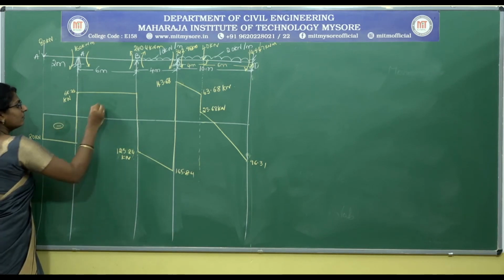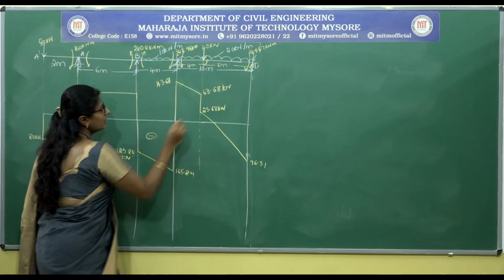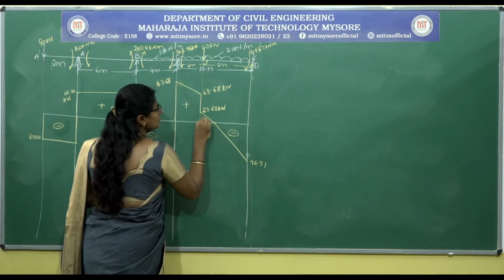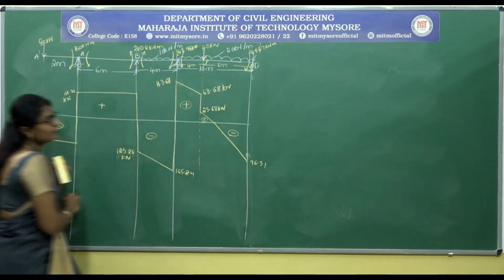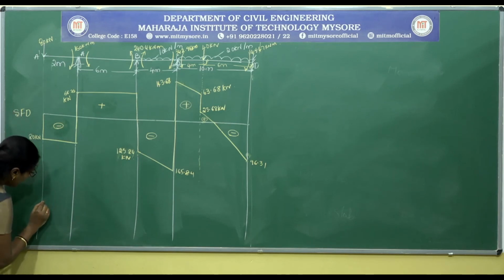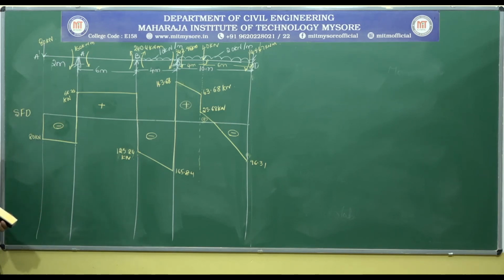This is negative, positive, negative, positive and negative. This is also positive. Okay. Now, this is the shear force diagram.